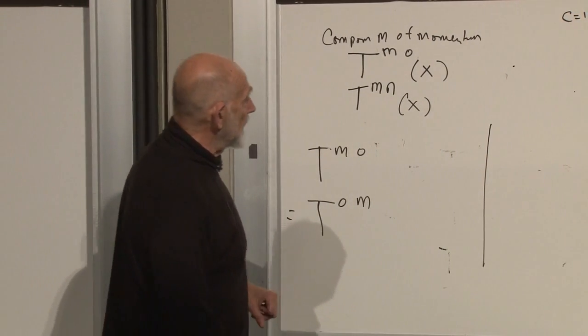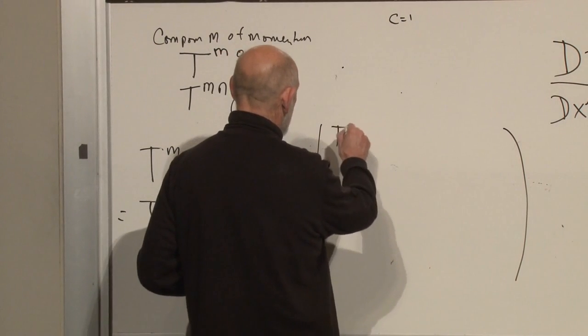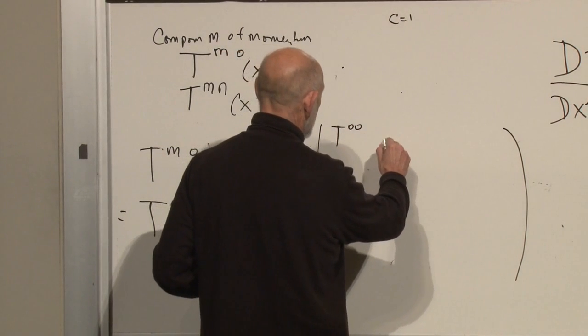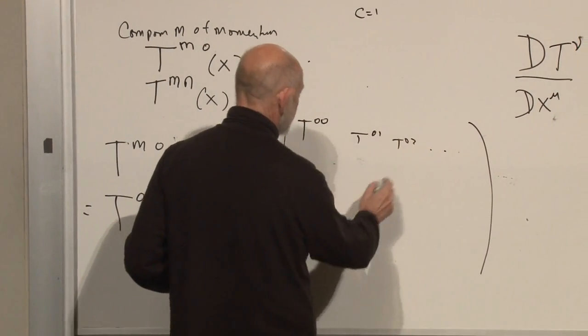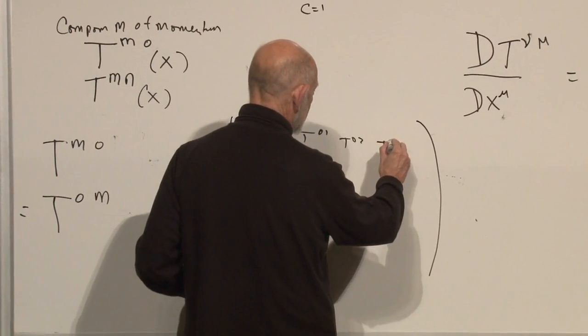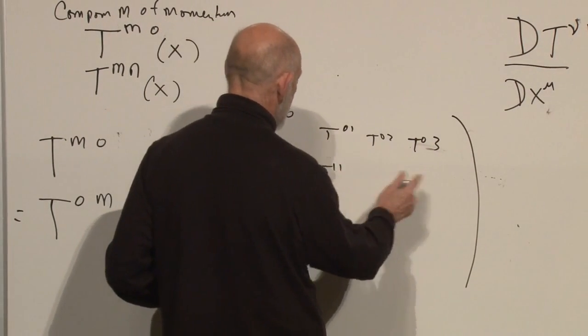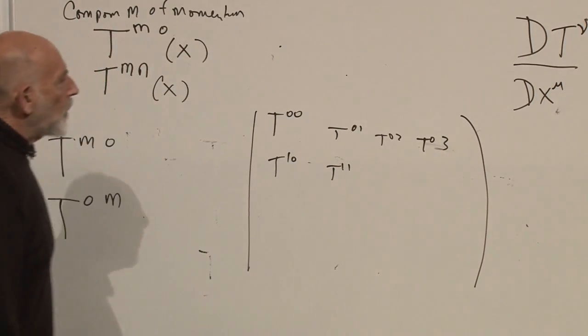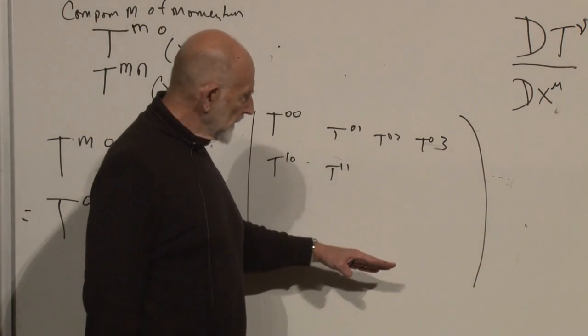So let's add that in, and then we have the energy momentum tensor, a big square matrix: T naught 1, T naught 2, T naught 3, that's all. T1 naught, T1 1, and so forth and so on. We'll come back to the meaning of these elements in a little while.